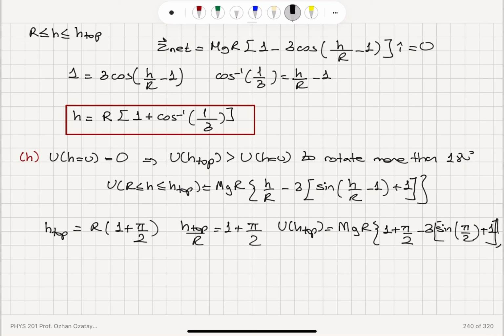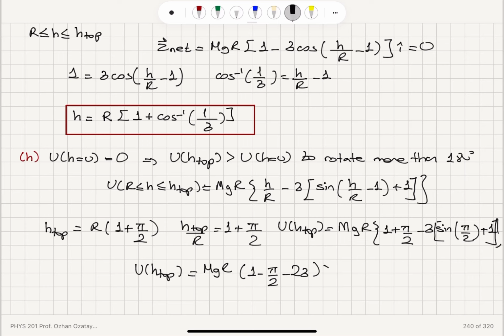And the potential energy at h top will then be equal to mgR times (1 plus pi over 2 minus 2 sigma), because sine pi over 2 is 1, 1 plus 1 is 2, minus 2 sigma.